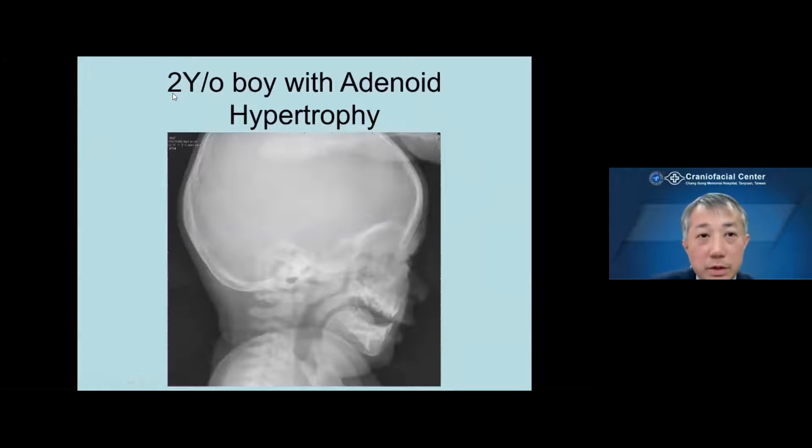If we look at this 2-year-old boy with adenoid hypertrophy, we can see that the adenoid tissue is very high and obstructs the nasal passage. So the nasopharynx and velopharynx are mostly closed.